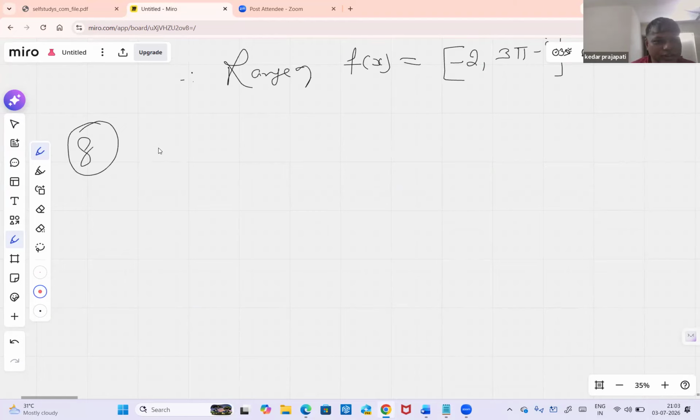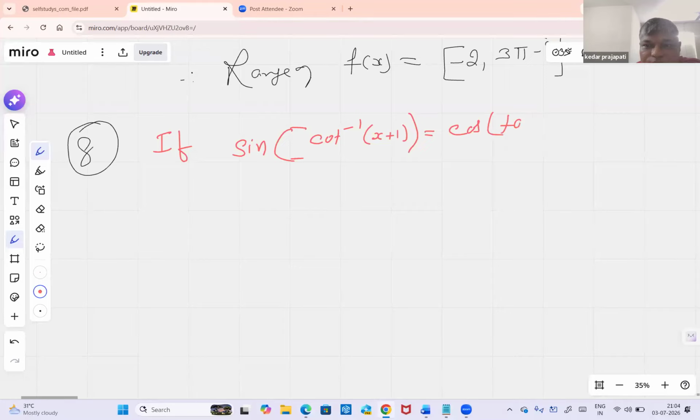If sine of cot inverse of x plus 1 is equal to cos of tan inverse x, then find x. This came in 2015 and other years.